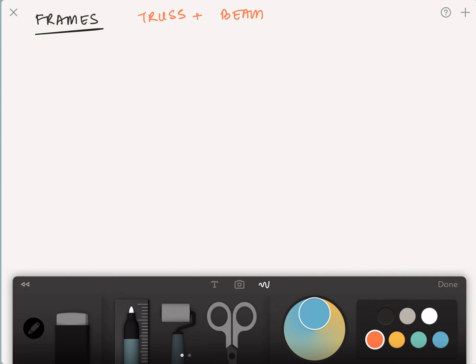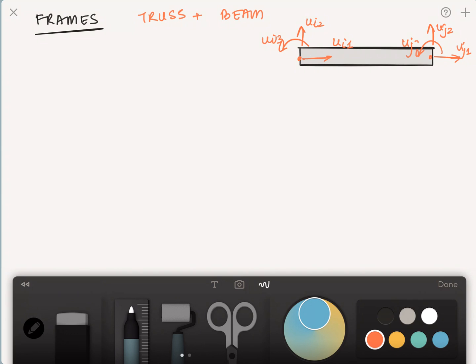So if I have to draw the beam, the frame element, sorry about the bad drawing, then I will have at each node 3 degrees of freedom, which would look like this. So we will have UI1, UI2 and UI3, and in the same way UJ1, UJ2 and UJ3.